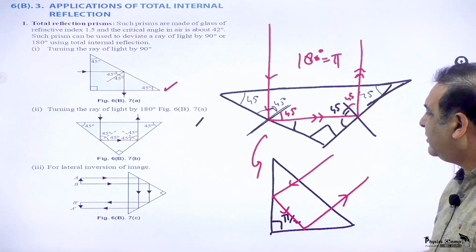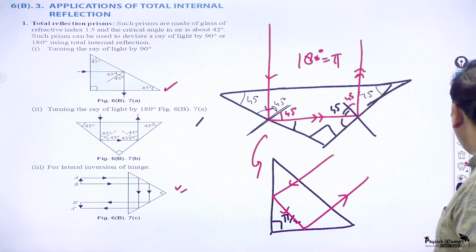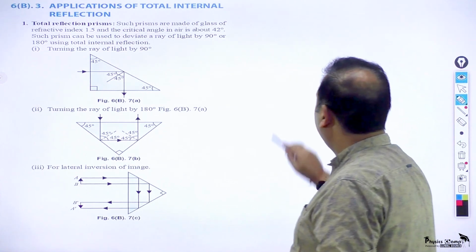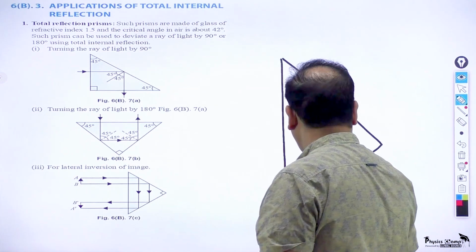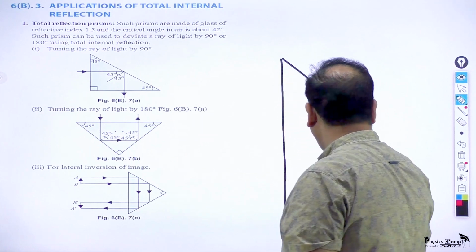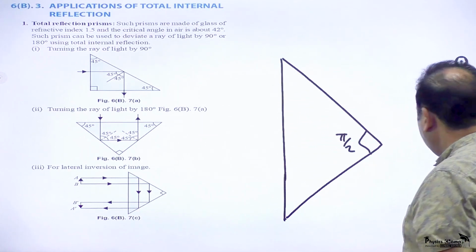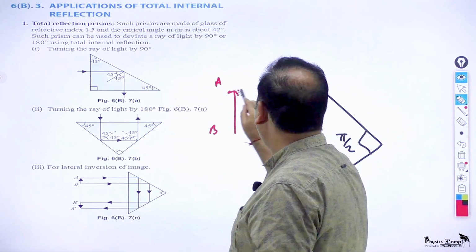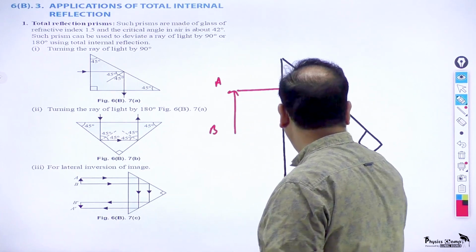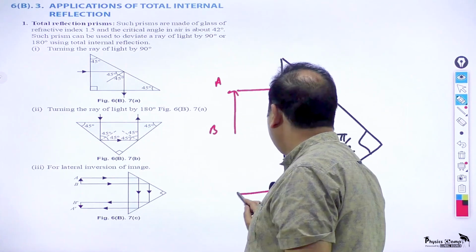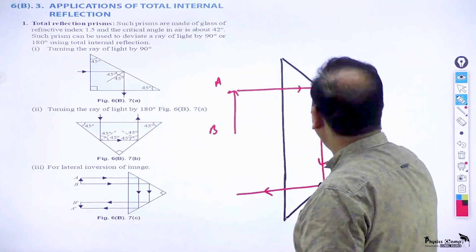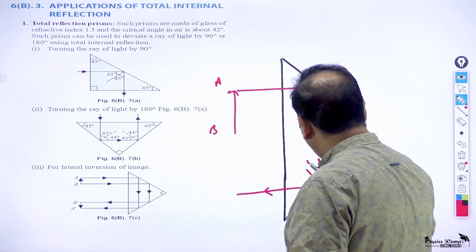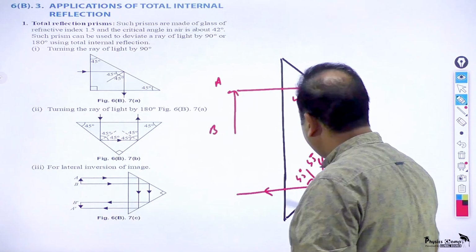And now we take this third case. In the third case, we can see what will happen to the size of image. So you have this right angle prism here, and maybe there is an object AB lying here. One ray will travel, it will reflect back. Again, it will suffer total internal reflection because every time this is 45 degree, more than critical angle, and it gets totally reflected.